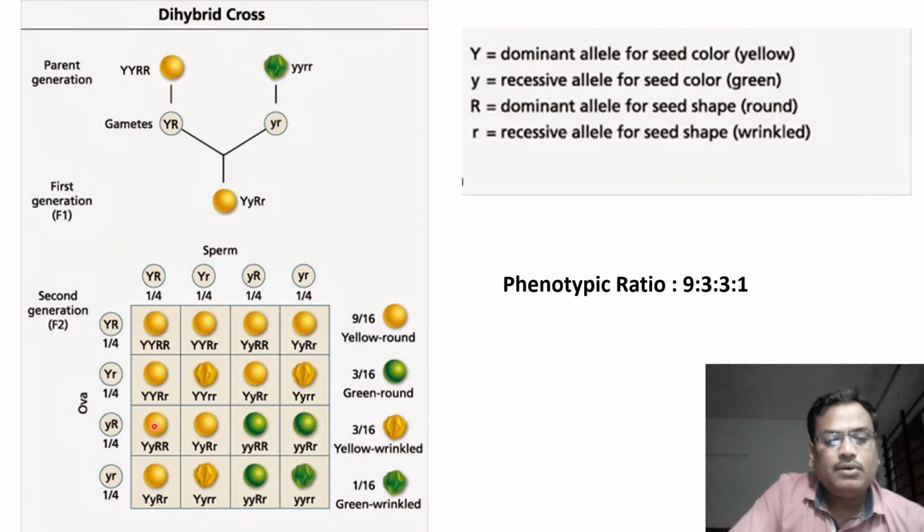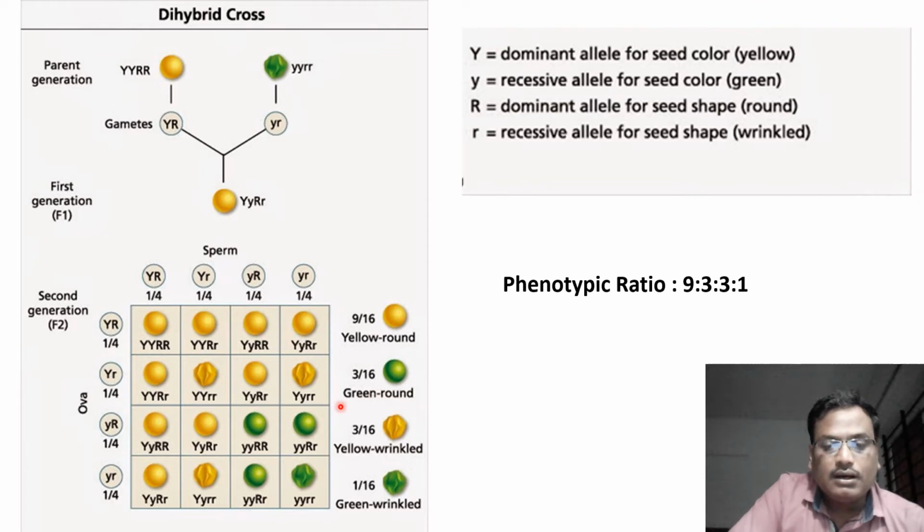So if you observe the Punnett square or the checkerboard, we identify four different types of phenotypes. One phenotype is yellow round, another phenotype is green wrinkled. We know these two phenotypes because these are the parental phenotypes, right? The yellow round and green wrinkled are the parental phenotypes.